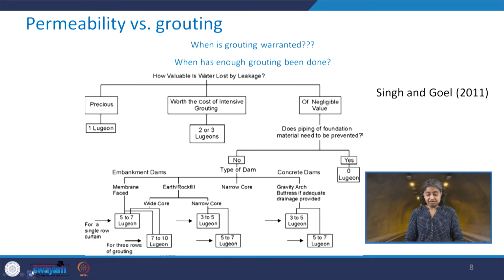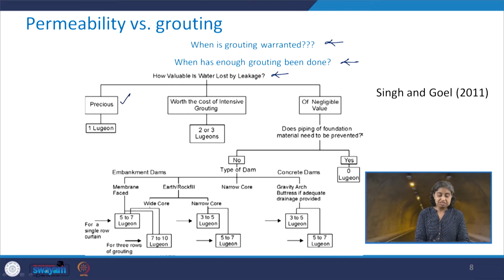Now here is the flow chart that I was talking about. When you have these two questions, that is, when is grouting warranted and when has enough grouting been done, we come back and take a look here and then decide accordingly. It starts from the question of how valuable is the water which is lost by leakage.